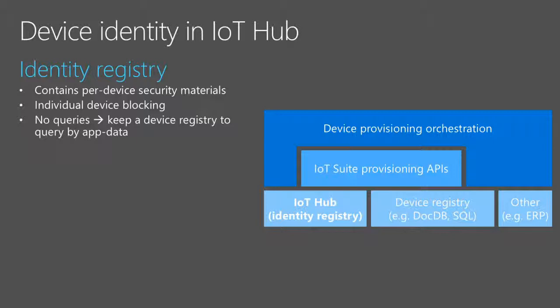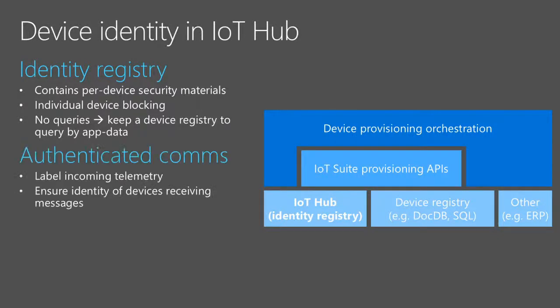So the identity registry is authoritative only in describing which device can connect and how. After you have that, you effectively have enabled authenticated communications.